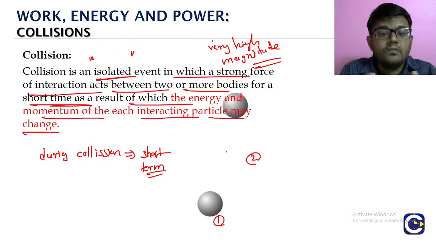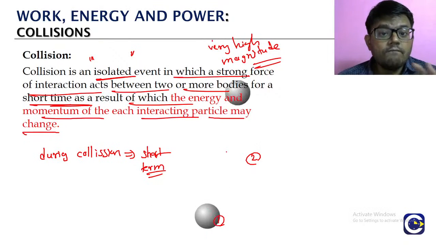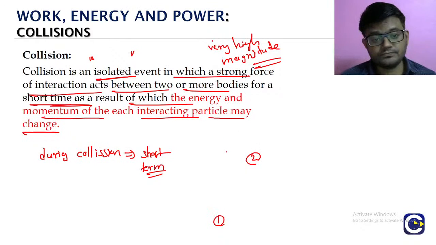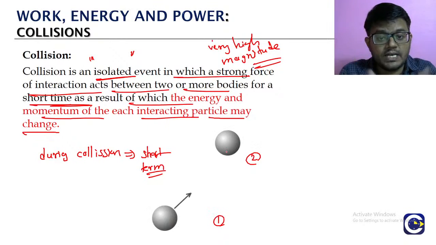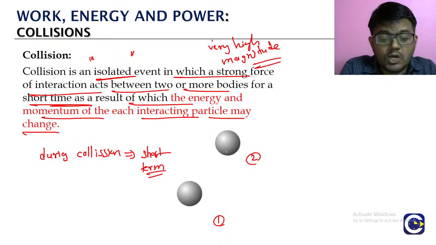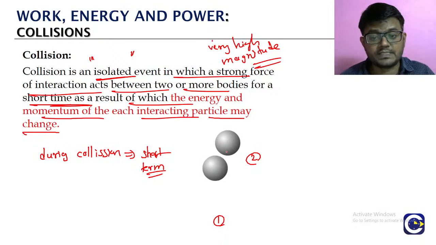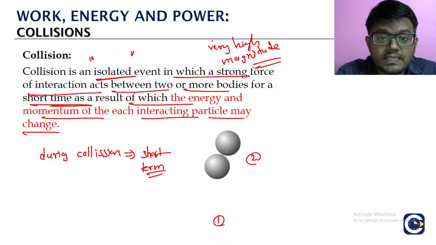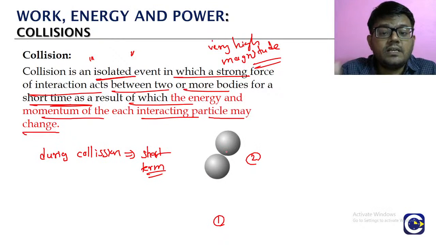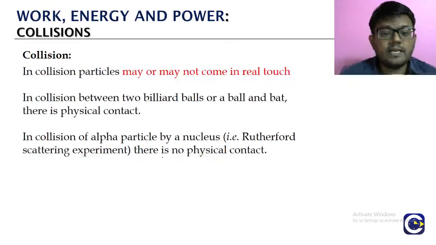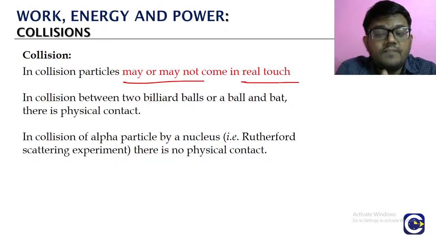But we can have collisions without the real physical touch happening also. Generally, when we say collision, we think of one object hitting the other, a physical touch between the objects. But there can be collisions where the physical touch need not be there. Okay, we will talk about this later.